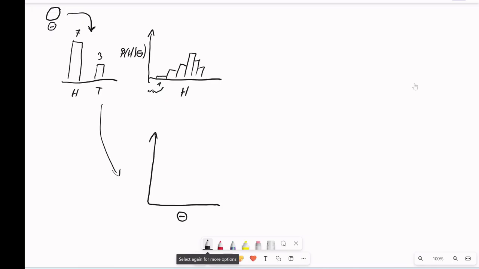What is the probability of our parameter given that we have observed the sample that we have observed, those 7 heads out of 10 flips? If we have a parameter value of 0.7, then probably we have a pretty high probability that this is the true underlying parameter.